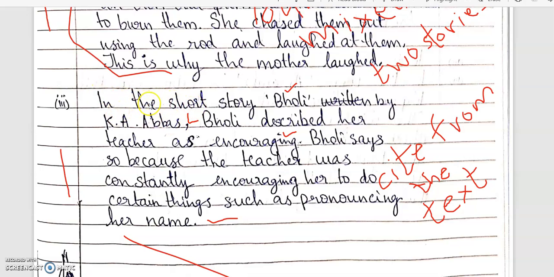Begin with the name of the writer, followed by the prose type short story, followed by the title, then a strong verb, and then complete the sentence. This will help, and then the citations from the text. Restating or re-narrating the story will definitely not fetch marks in the CBSE evaluation.